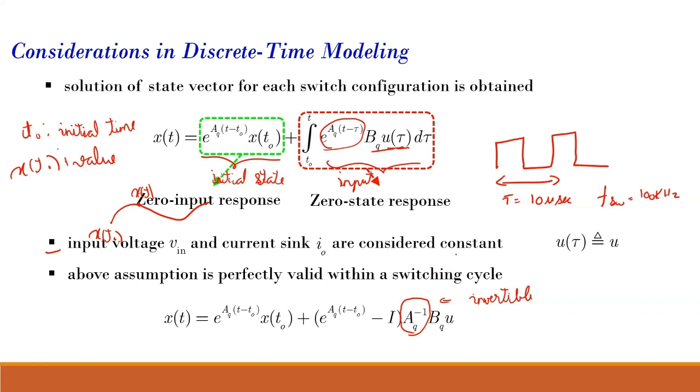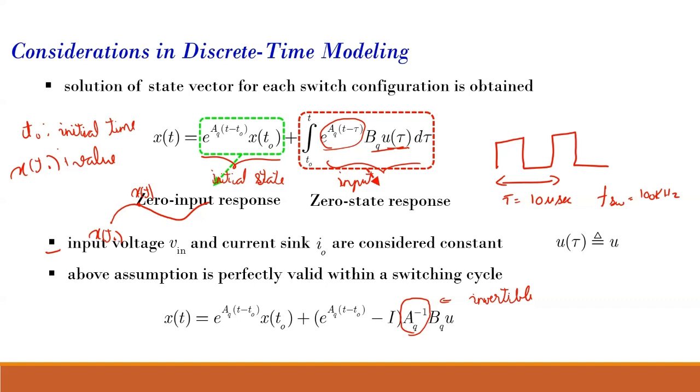Okay, so in this short duration of 10 microseconds, practically my input voltage will not change. Though my input voltage may have some certain fluctuations, I can approximate it to be at a fixed value throughout the switching cycle.